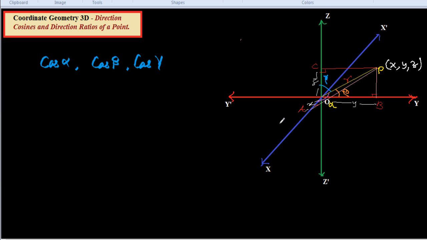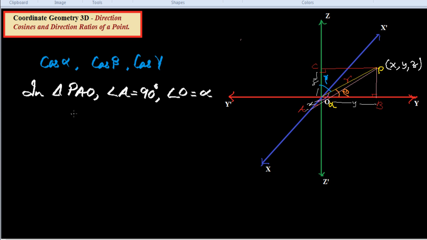Okay, so in triangle PAO, angle A is 90 degree. We have drawn a perpendicular from P on the x axis, and angle O, which we have taken as alpha with the positive direction of the x-axis.